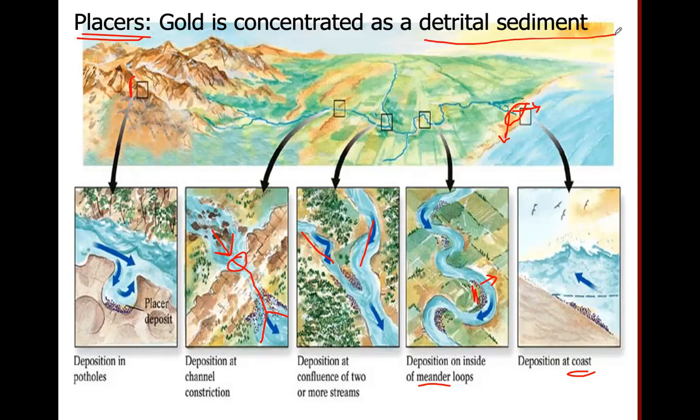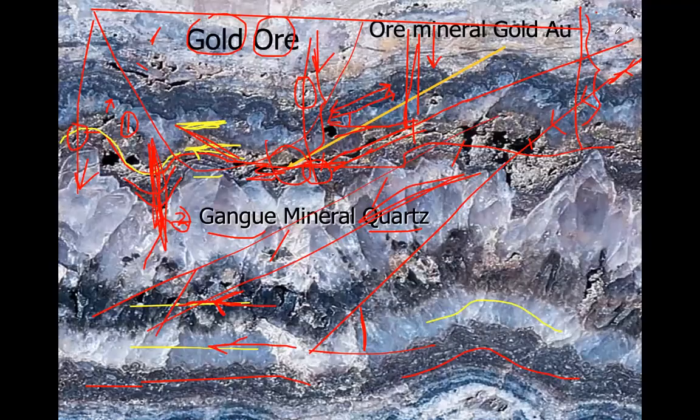So this is a very common type of formation of economic deposits in India, Sri Lanka, China. You have a lot of this type of deposits. Okay, right. So any question up to this?